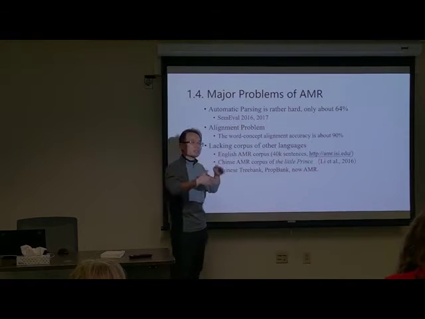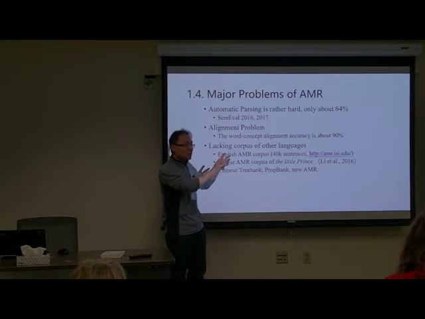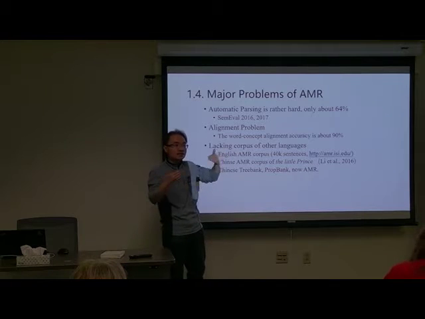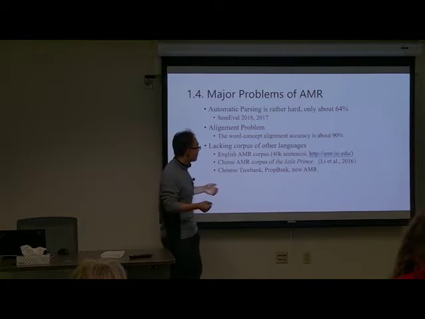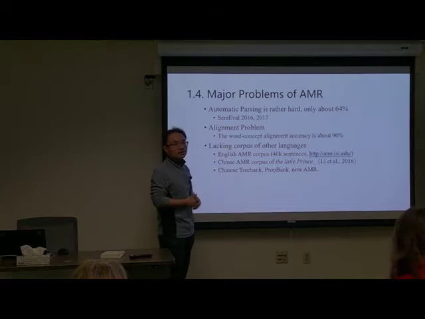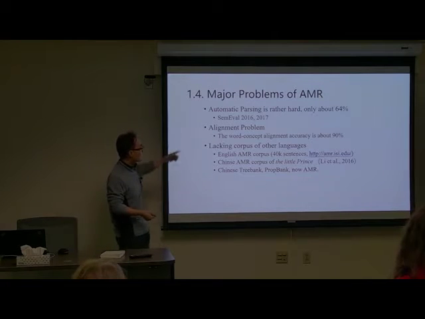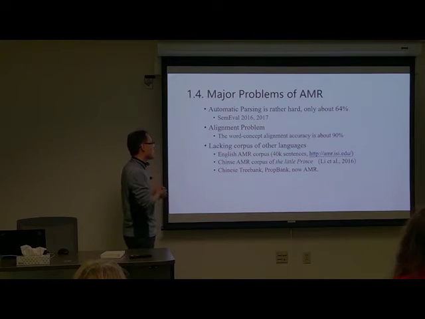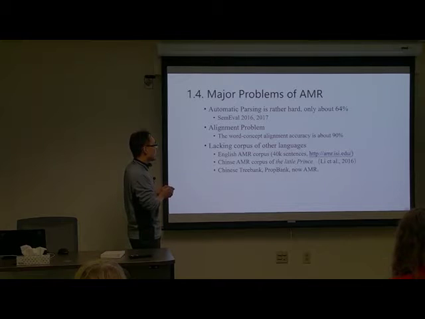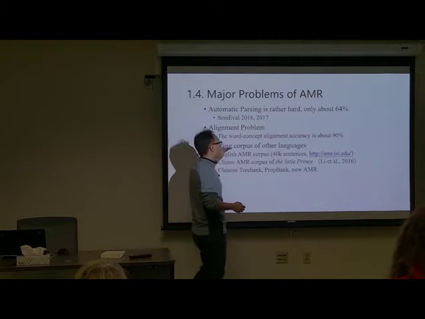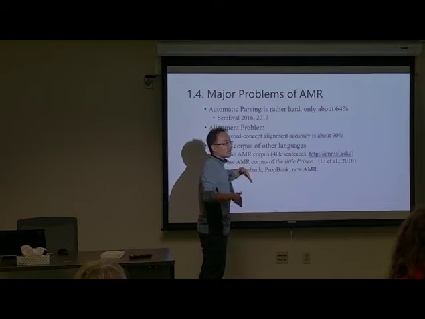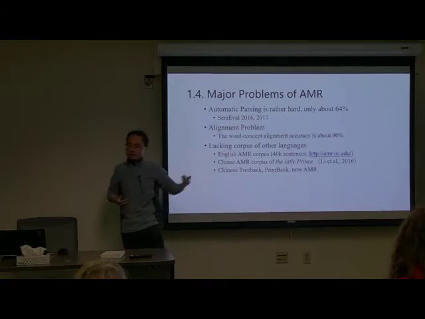You have to align the word and concept, and the automatic way is only about 90%. So that's no good for the parser. So when we want to build the Chinese corpus, we have to add the alignment back.